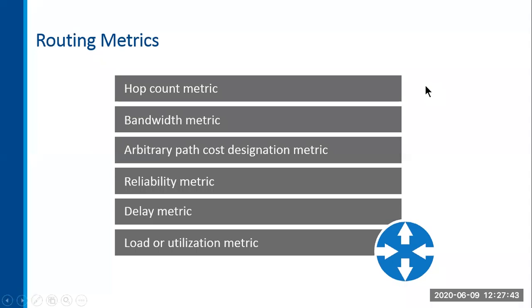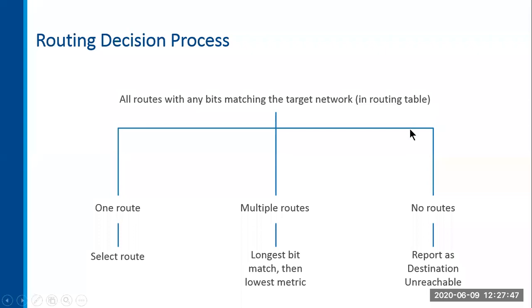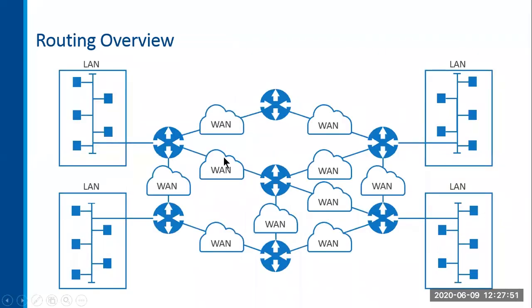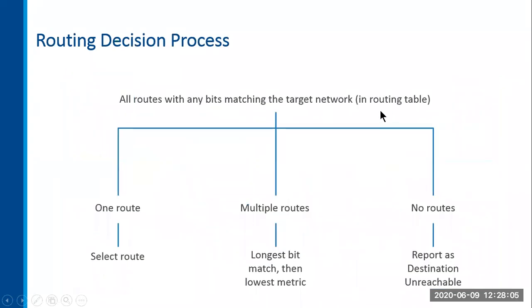But at the end of the day, guys, here's one of the big things. Remember I mentioned the routing table and the routing decision process? Think about this network: most of these routers will know multiple ways to get from one network to another. Guess what? When these routers have learned about multiple ways, only the best path information is sent to the routing table.